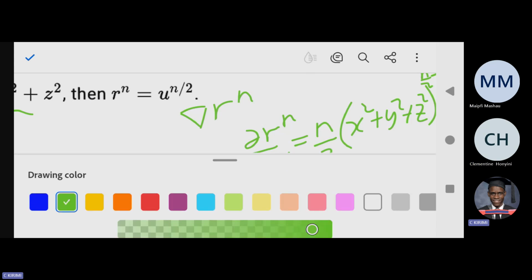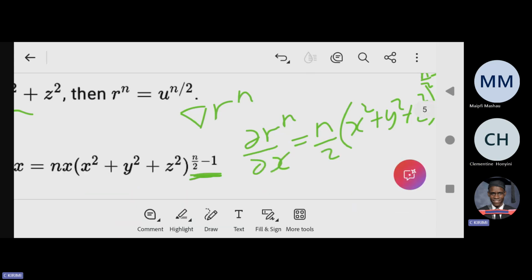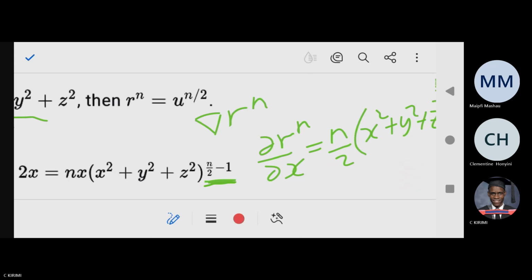So it will be multiplied by 2x, so that this 2 and this 2 cancel. And we are left with nx.